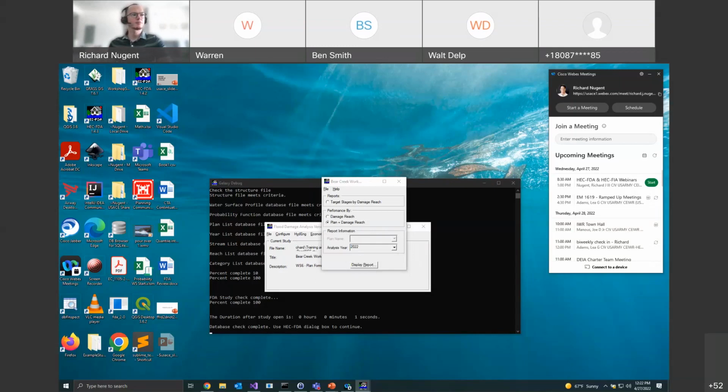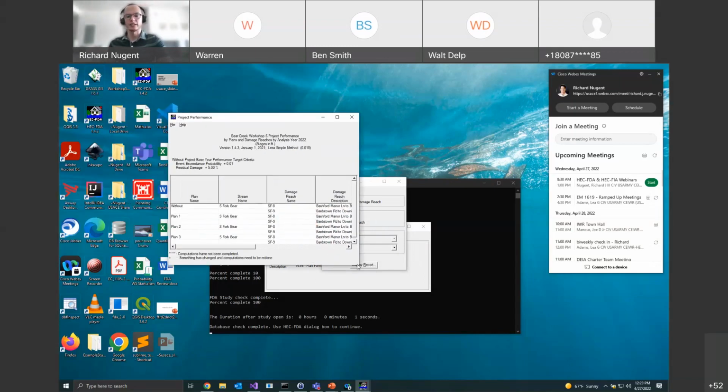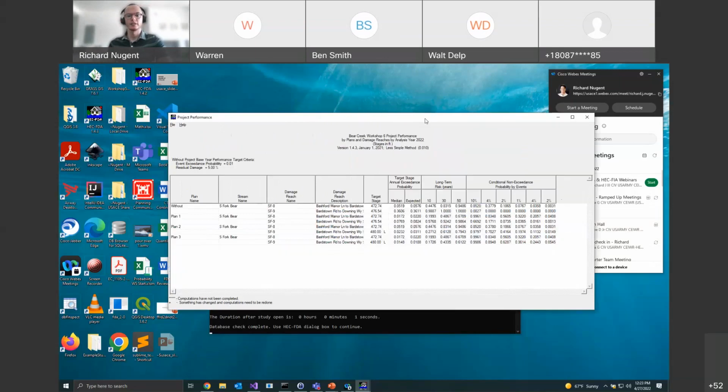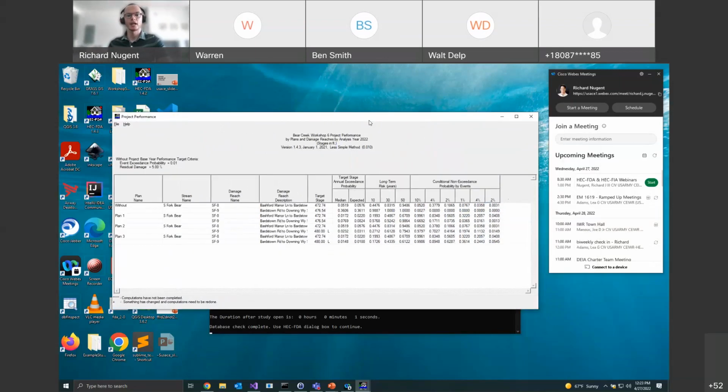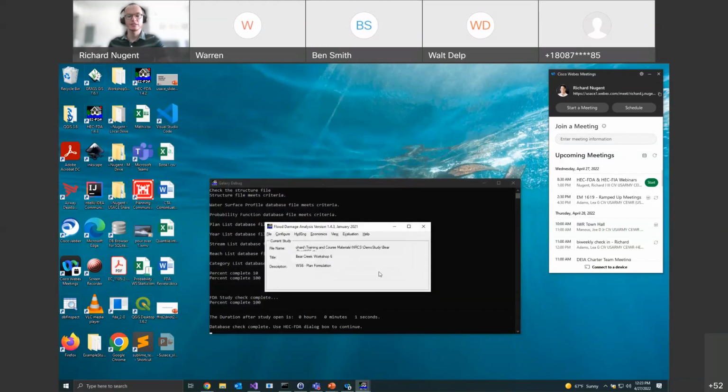And then we get that same report that we just looked at. We have annual exceedance probability, long-term exceedance probability, and conditional non-exceedance probability. And that, my friends, is HEC-FDA in a nutshell.